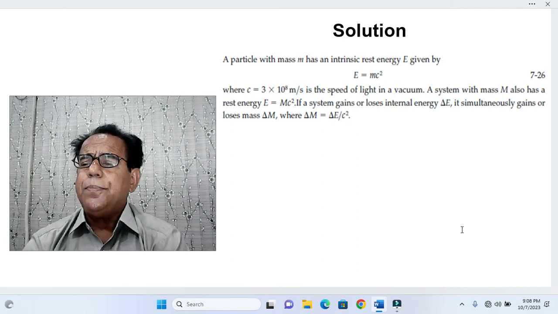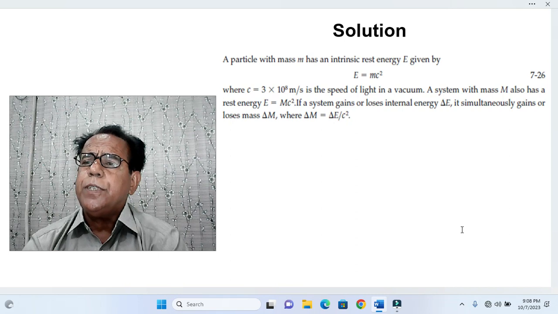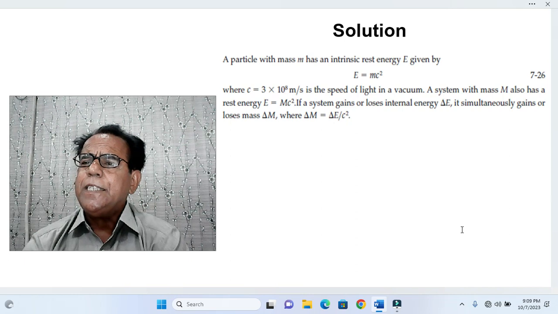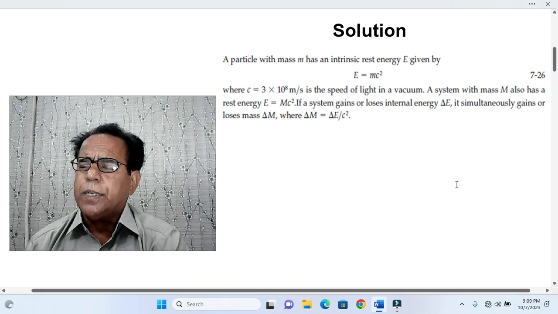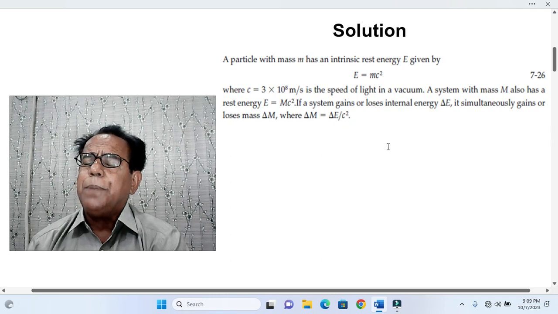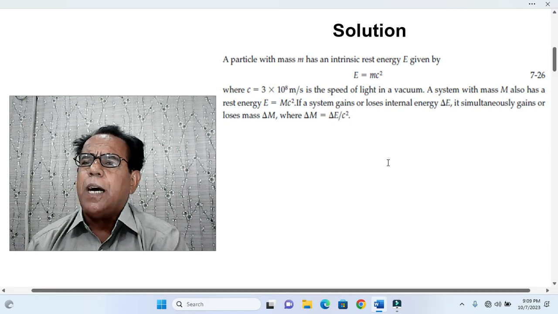I think this snapshot has been chosen from the general physics book written by the same author, Paul A. Tipler, 6th edition perhaps, and Gianni Mosca.